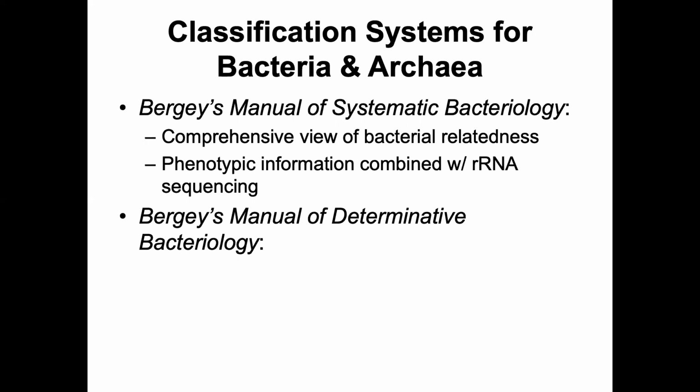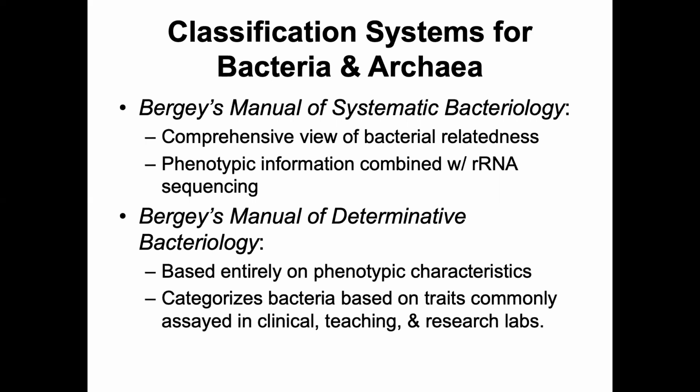The older method is called determinative bacteriology. Here we look at the bacterial shape, whether or not they have flagella or pili, the arrangement of the flagella or pili, the way they stain, and the way they grow on different kinds of media.